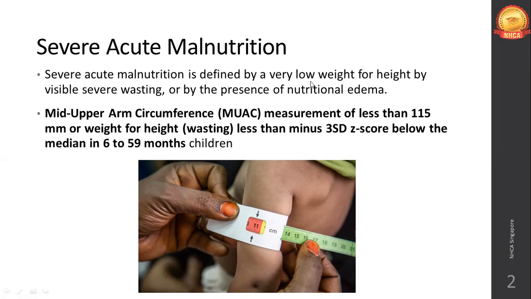So mid upper arm circumference. At a community health level, this is what you can check to identify in what range any child is. Is a child going through any malnourishment? For mid upper arm circumference, first you have to find out the length of the upper arm from the tip of the shoulder till the elbow.